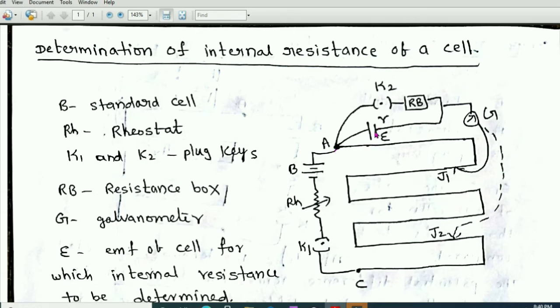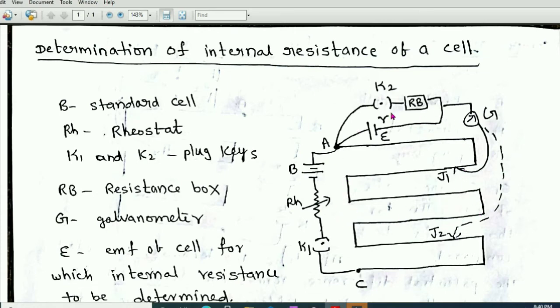The negative terminal of the cell is connected to the galvanometer, through another plug key K2 and RB, the resistance box, which is connected commonly to one end of the galvanometer. The other end of the galvanometer is connected to the jockey. The jockey is a metal rod having a knife edge which can be slid on the potentiometer wire.